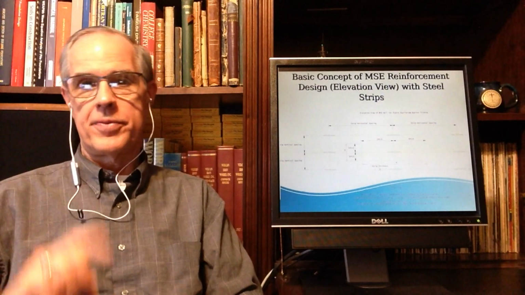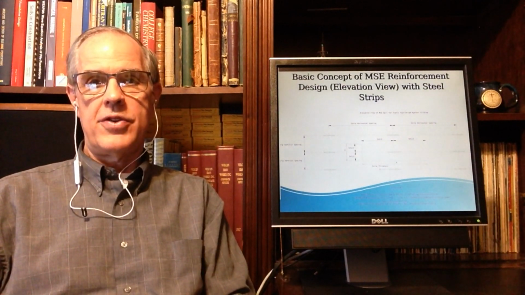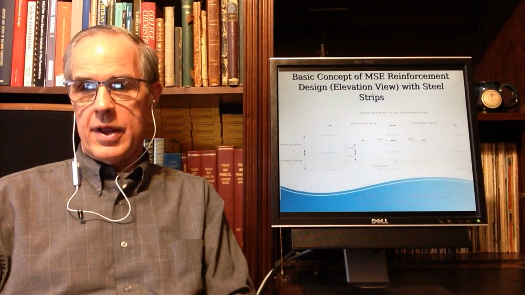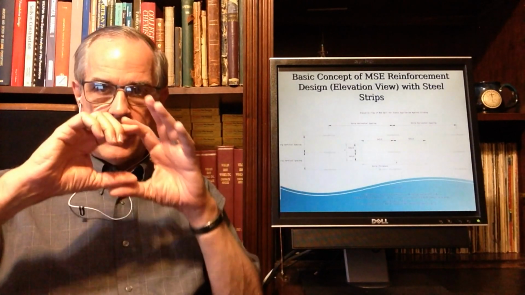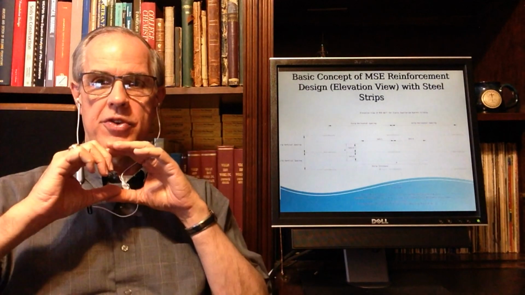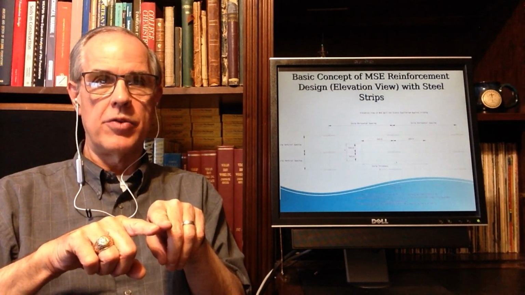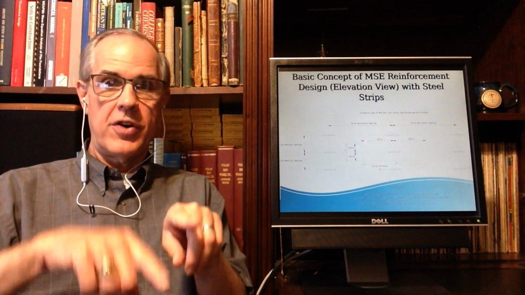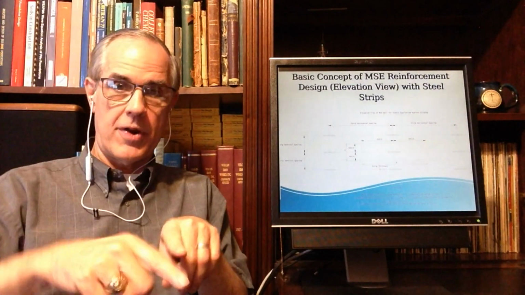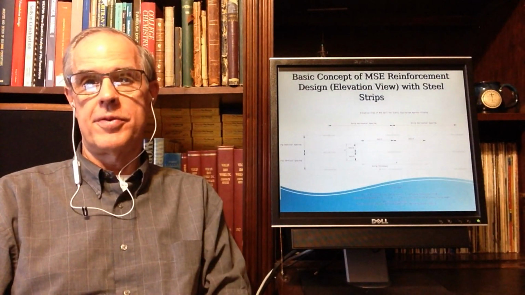If you don't, then instead of a strip of resistance it has to be a block of resistance based upon not only the vertical spacing of the strips, but also the horizontal spacing of the strips.